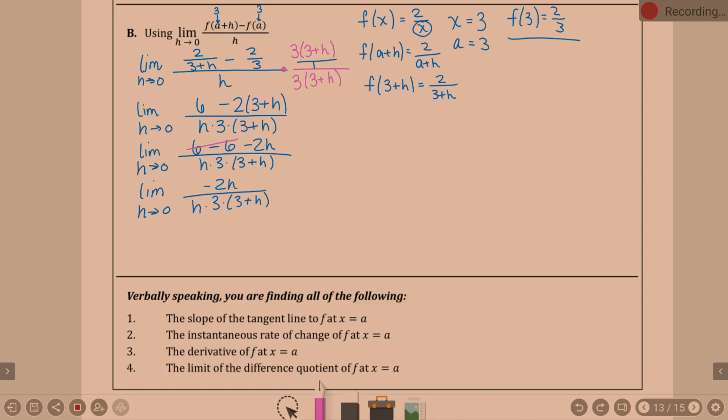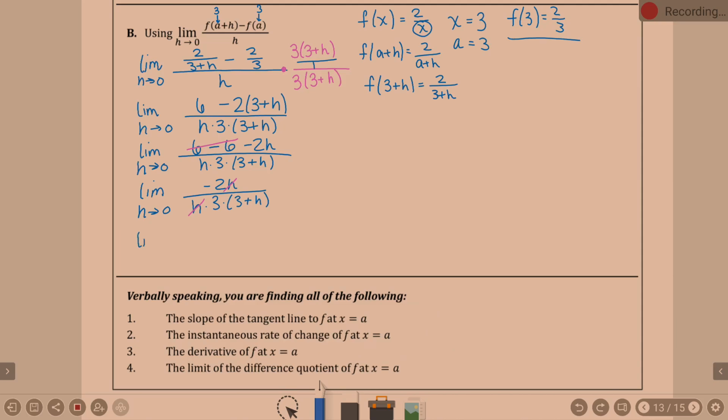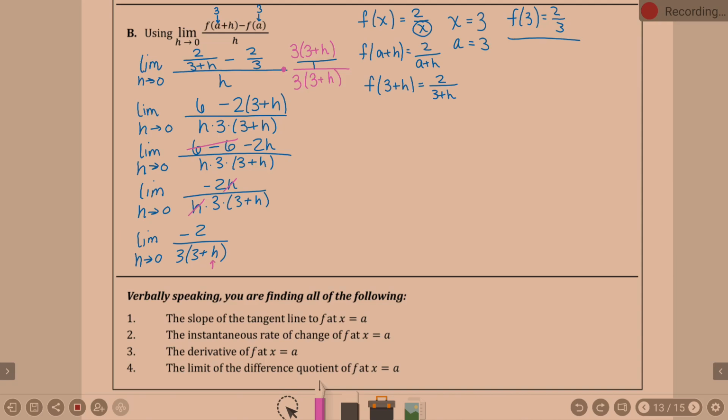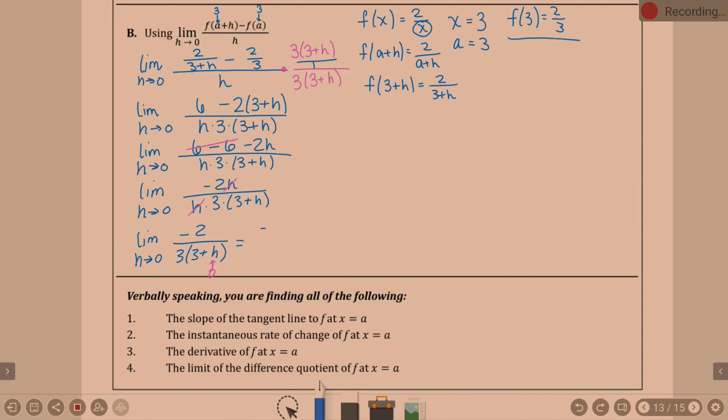H cancels, and you're going to be ready to take your limit. The limit as h approaches 0 of -2 over 3 times 3 plus h. But we're going to plug in what for h? 0. And we're going to get -2 over 3 times 3 plus 0, which is -2/9. Shocker on the answer, right?